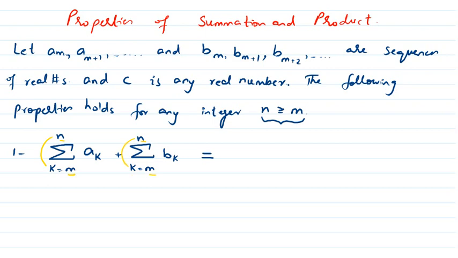Again, requirement is that both should have the same span, right? So an equivalent summation of these two summations can be a single summation that starts from m, that ends at n, and we have ak plus bk, right?